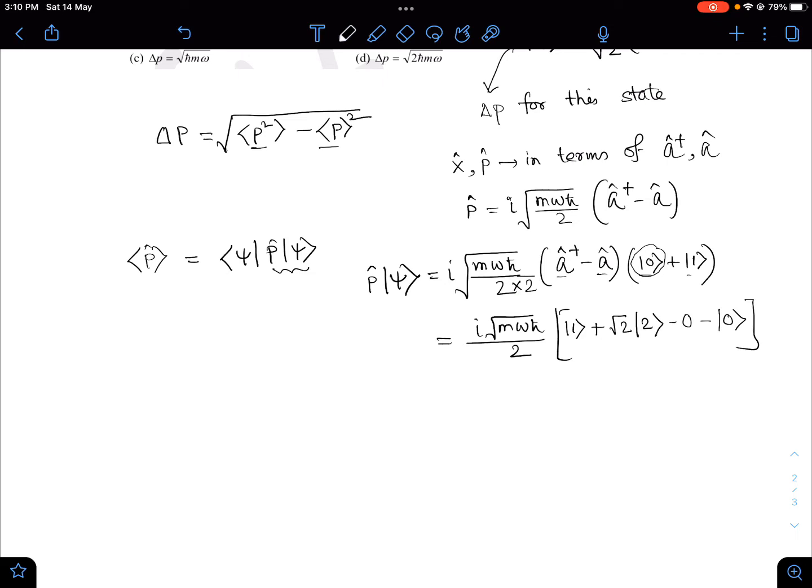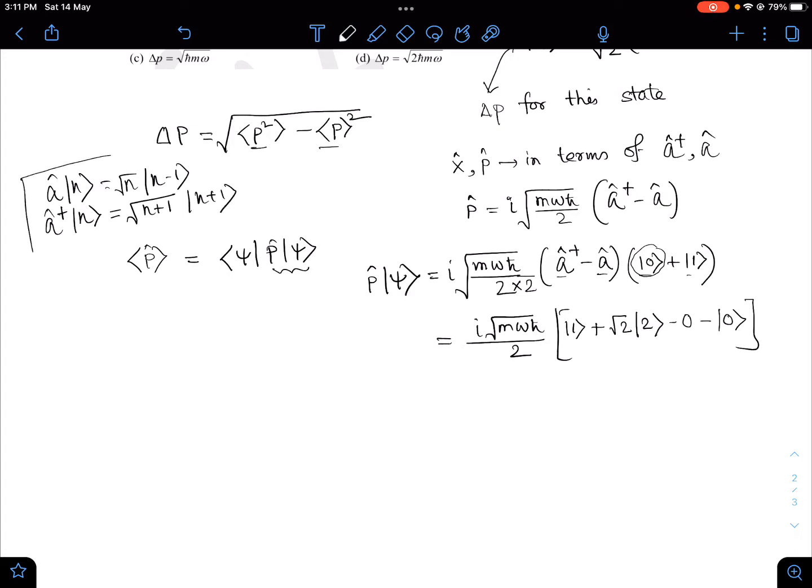Let me write down how the operators act on states, so it will be easy for you. The lowering operator a acting on |n> will give us root n times |n minus 1>, and the raising operator acting on state |n> will give us root (n plus 1) times |n plus 1>.